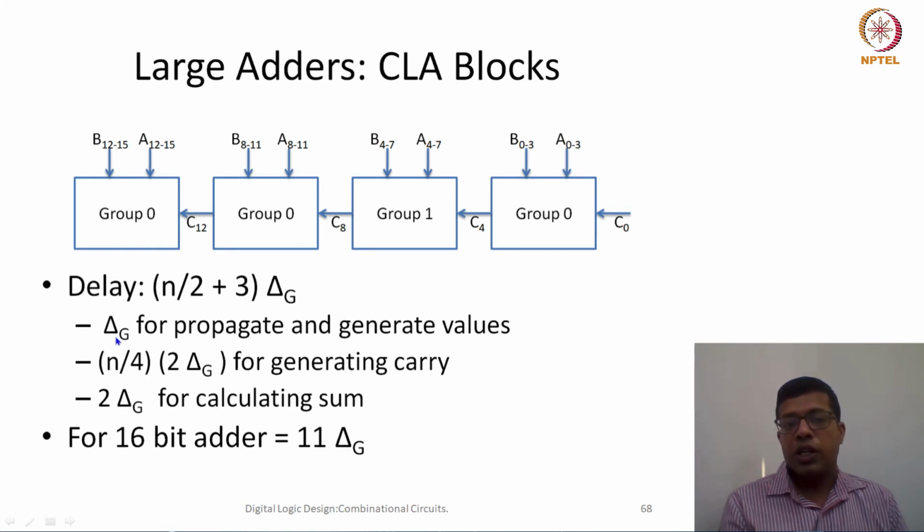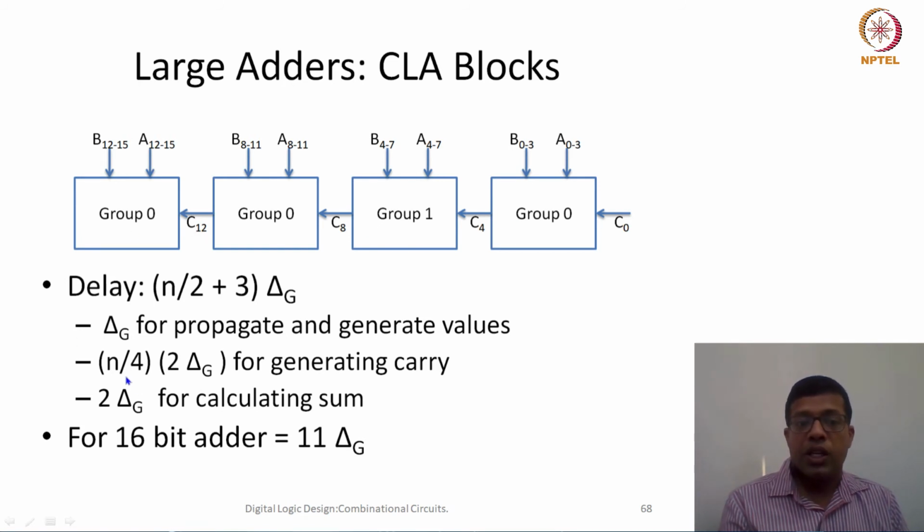So there would be one delta G delay for generate and propagate at all these stages. While for carry generation, it would require 2 delta G, and after 2 delta G C4 would be available, after another 2 delta G C8 would be available, and after another 2 delta G C12 would be available.